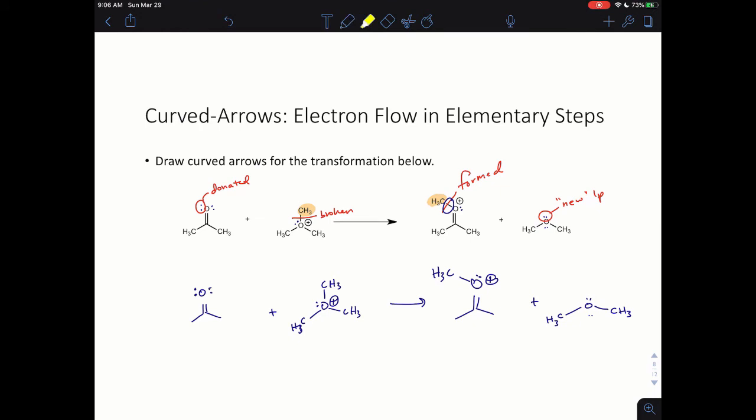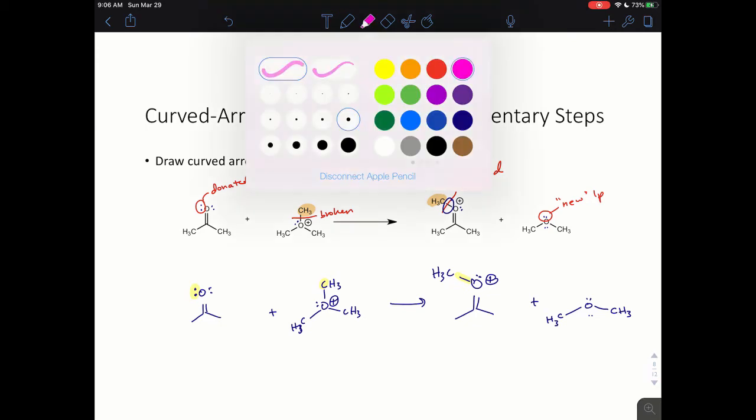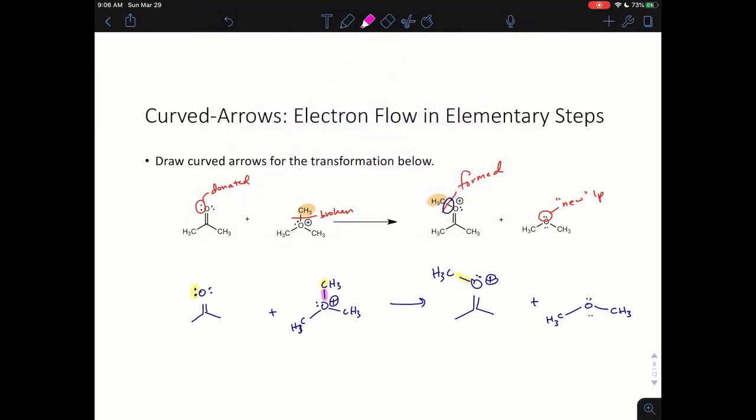So I've redrawn the structures here so we can go ahead and try to draw in our curved arrows. It looks like we're going to take these electrons and they're going to make a bond to this carbon, and that results in this bond. At the same time, we're going to need this bond to break between carbon and oxygen because that's not here in the product, and then that's going to result as a lone pair on oxygen.